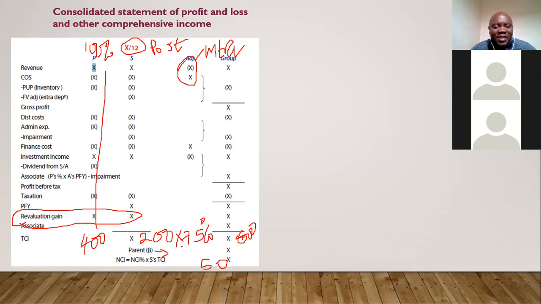And in this case, we are actually going to have 550. So if there will be any impairments that will be made, say on goodwill, that has to be accounted for as well.